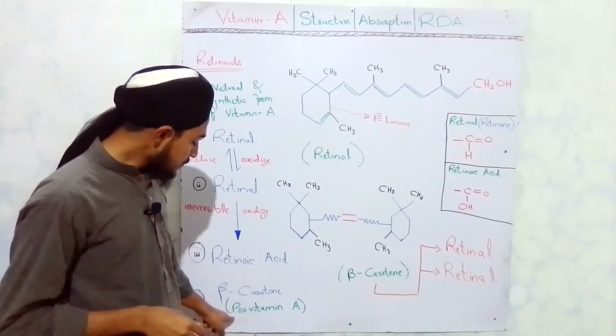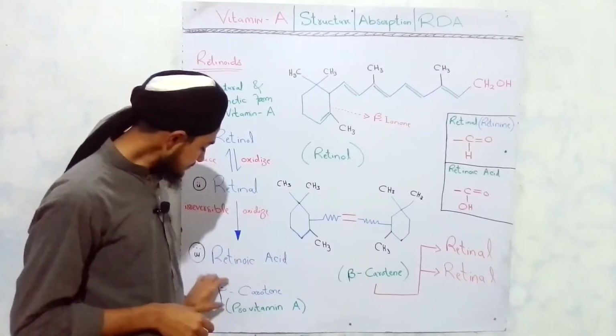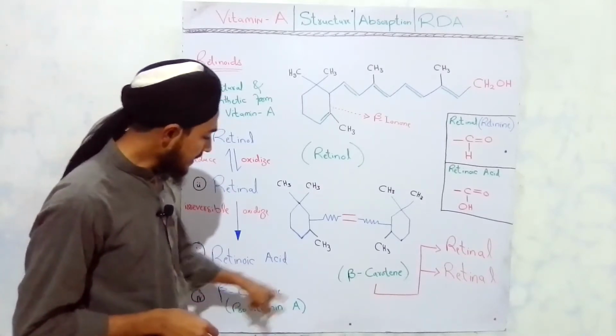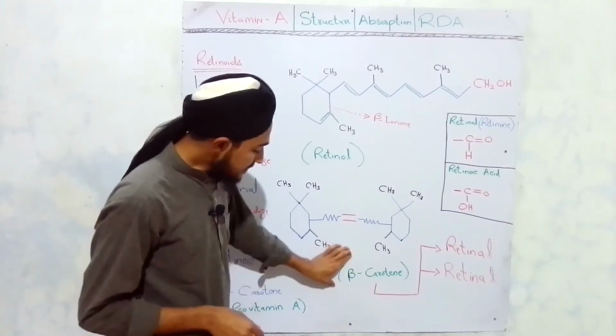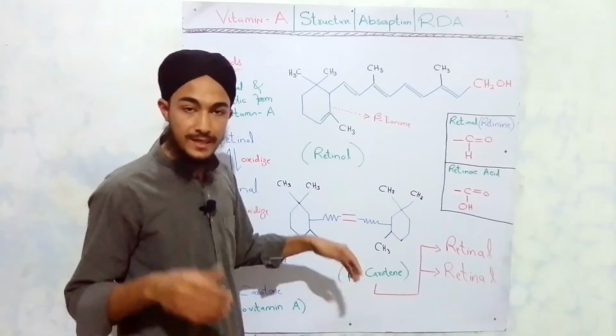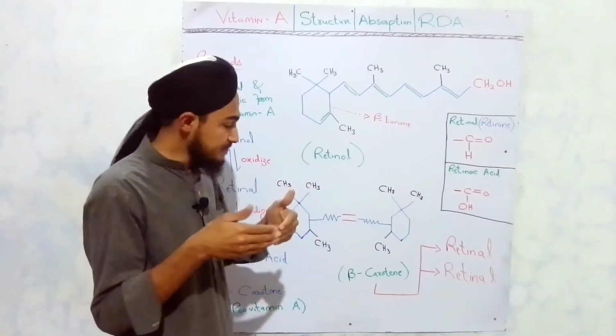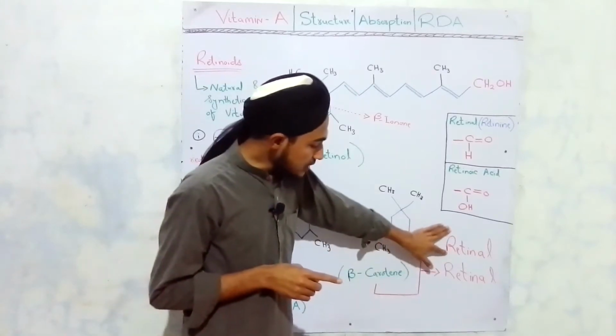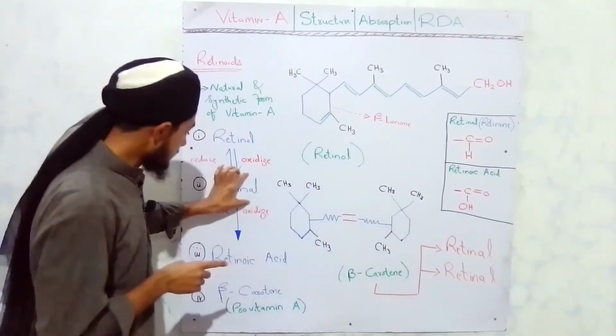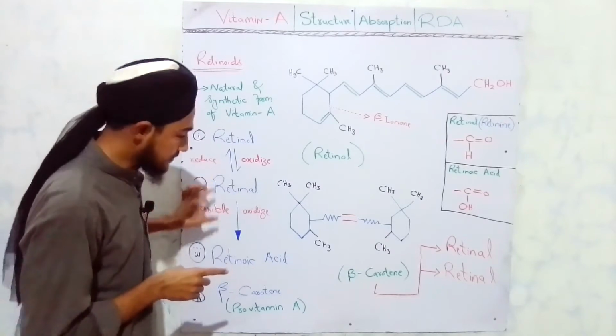That's why these are also known as provitamin A. The beta carotene, here is the structure of the beta carotene. Basically, the beta carotene is the condensation product of vitamin A. It means that one beta carotene contains two molecules of retinal, that is this compound, the retinal.